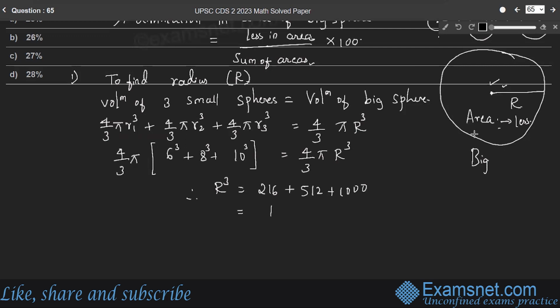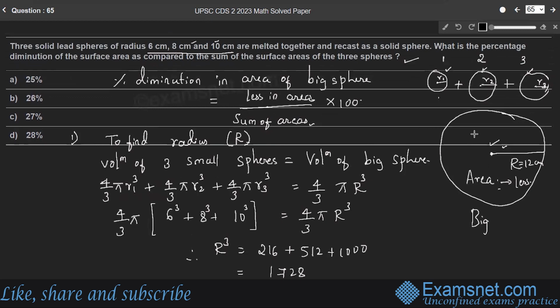Therefore we have 1728 as R cube. Therefore R is 12 centimeter, since 12 cube is 1728. Yes, the radius of the big sphere is 12 centimeter.